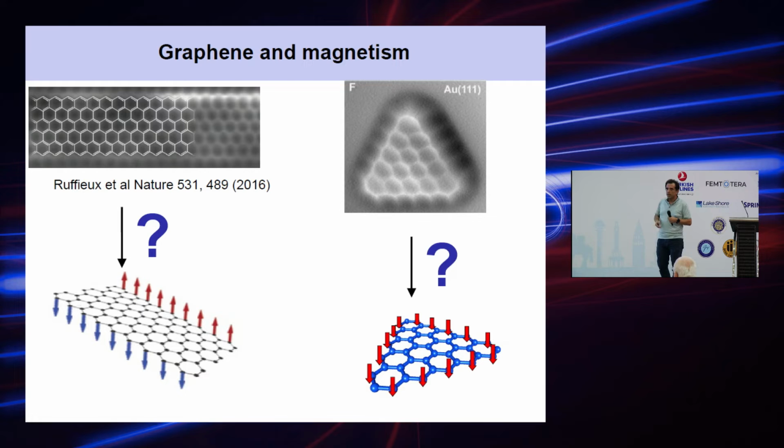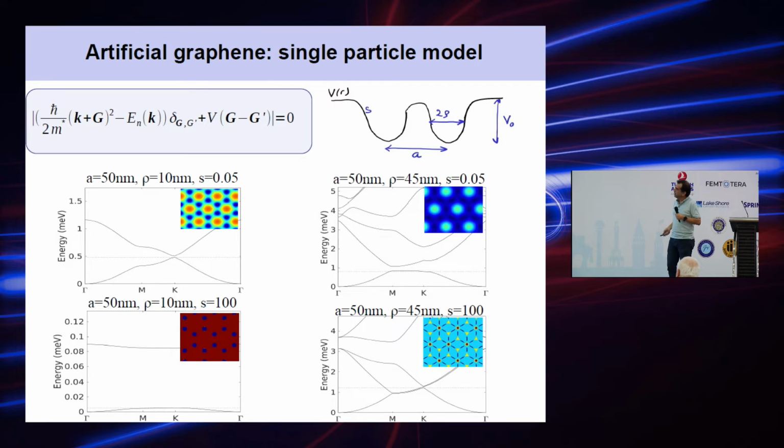You can also imagine lots of other geometries. One of my favorite geometries is the triangle with the zigzag edges. The edges should also be polarized like this, to be confirmed. Okay, so these are not confirmed experimentally. And now let's switch to artificial graphene.